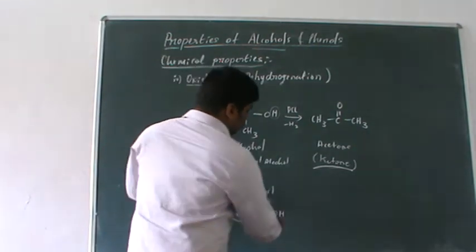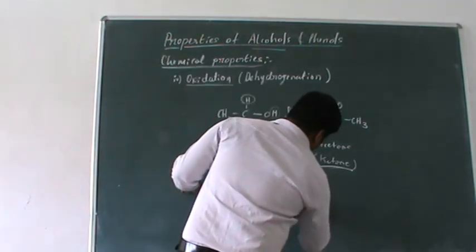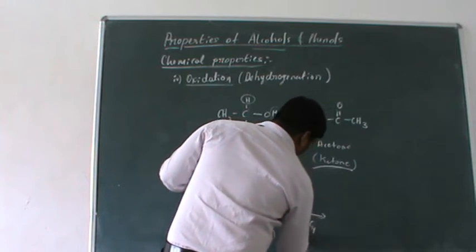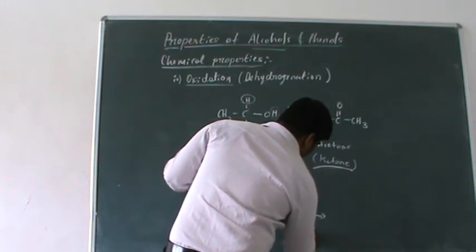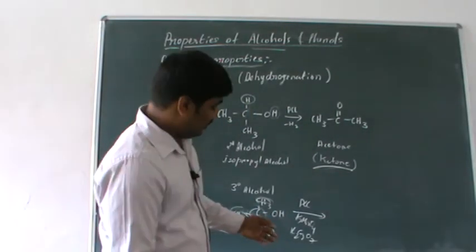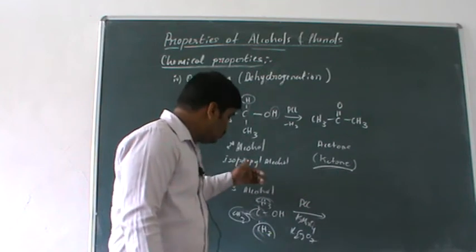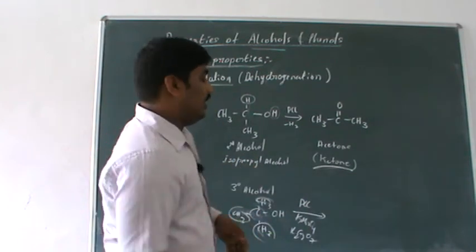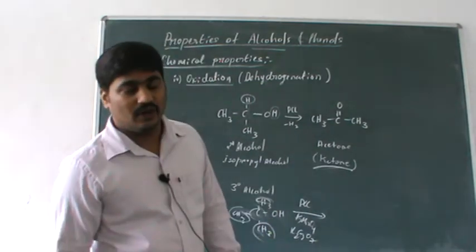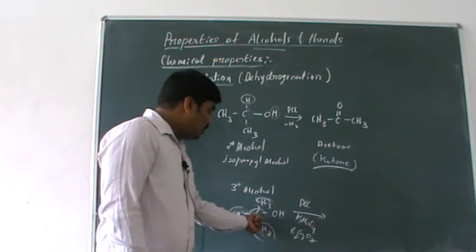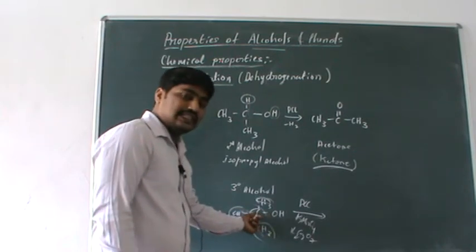Therefore, we use KMnO4 or K2Cr2O7. Any oxidizing agent is not capable of oxidizing the tertiary alcohol into aldehydes, ketones or carboxylic acid. The reason is that the carbon attached to OH is known as the alpha carbon.